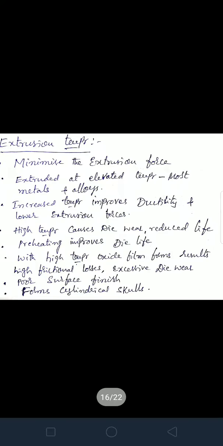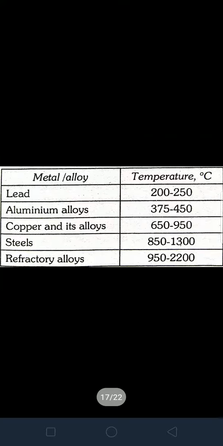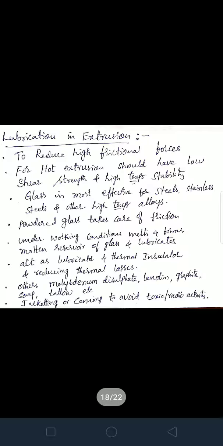This problem of oxide film can be overcome either by heating a billet in an oven or in an inert atmosphere, or by allowing the billet to form a cylindrical shell or a skull, therefore you can increase the life of the die. Then coming to lubrication in extrusion process.